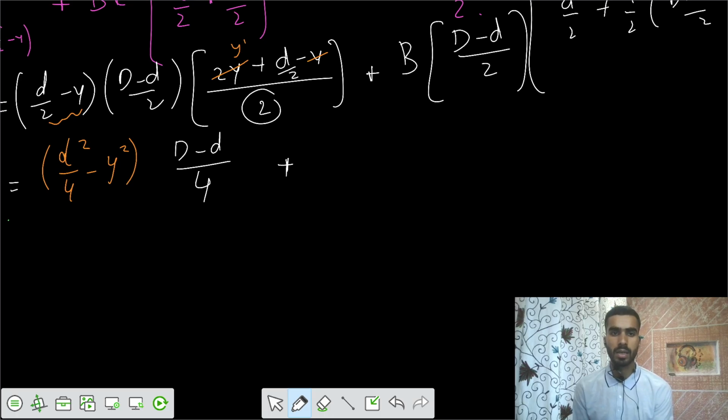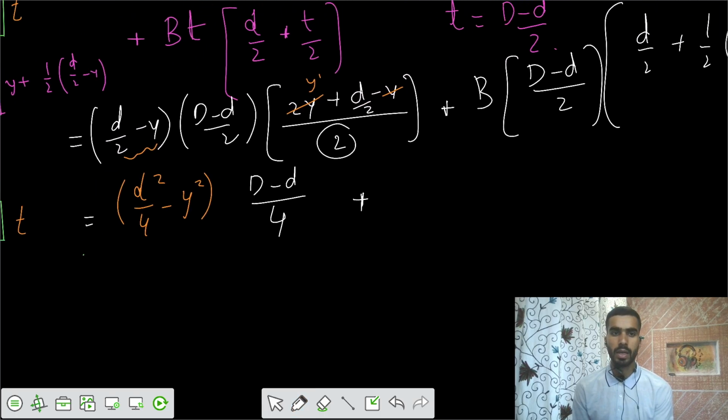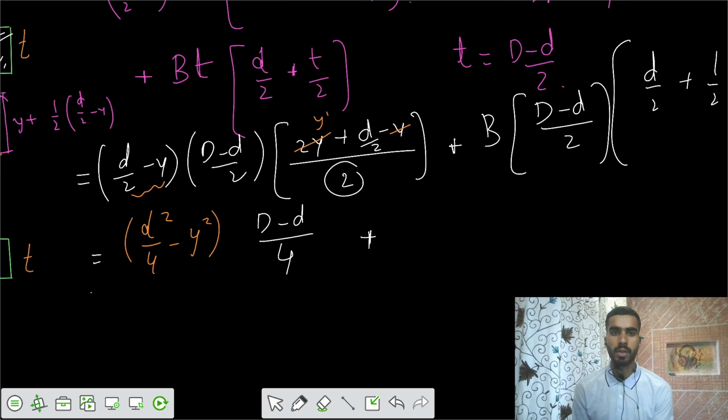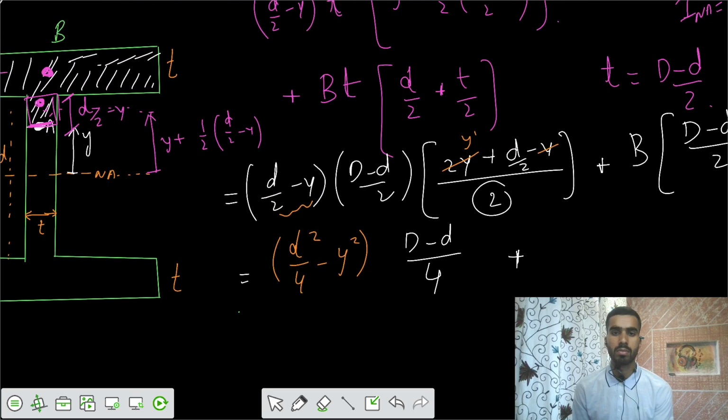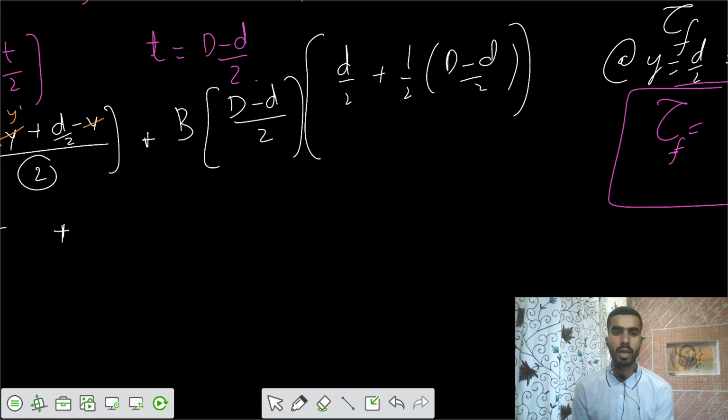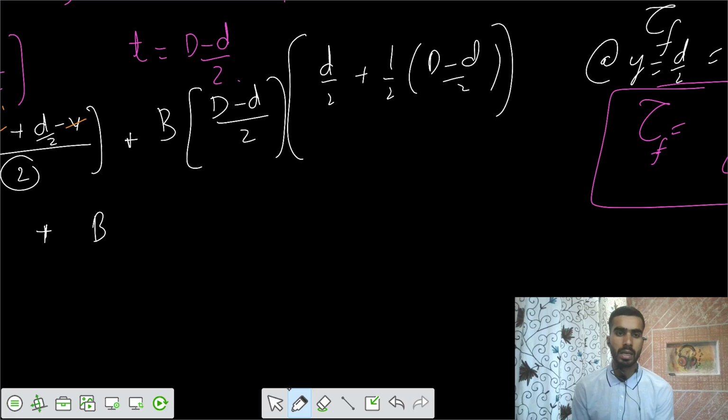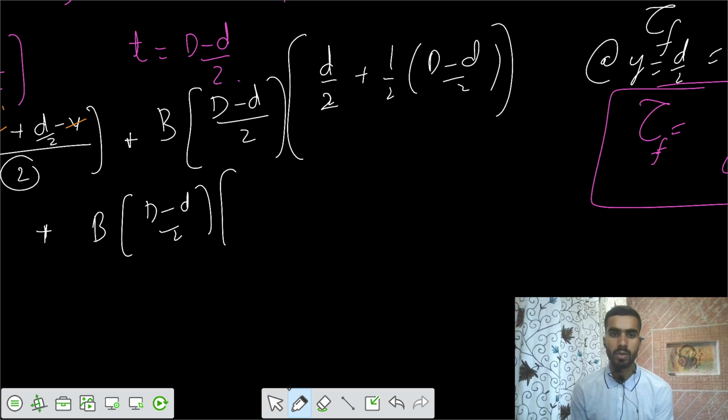And for the next part, you can have b into D minus d by 2. Then you solve this part again, so that we can take 2 common.